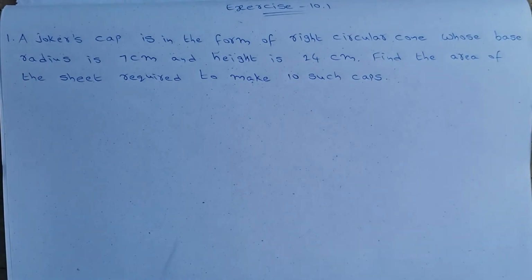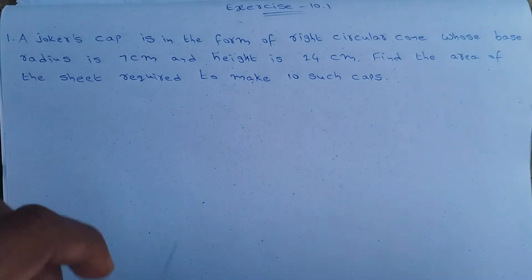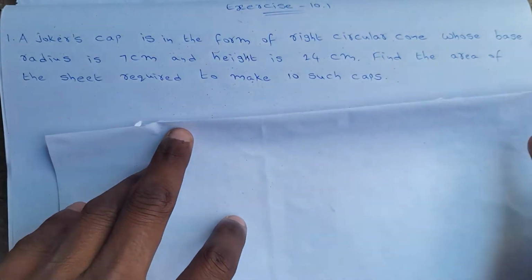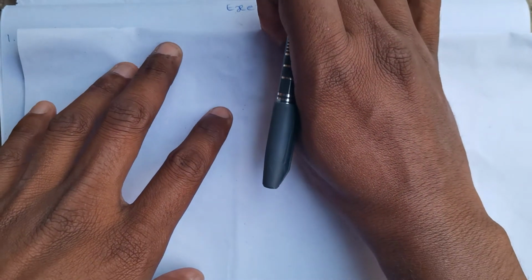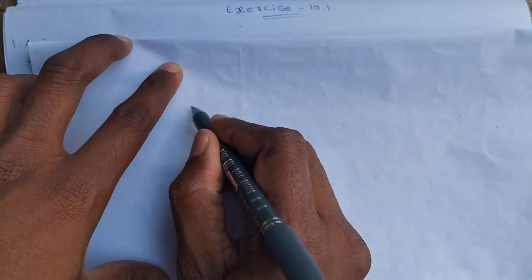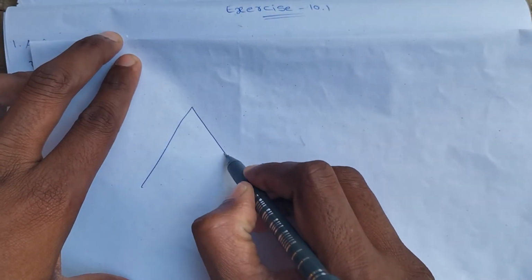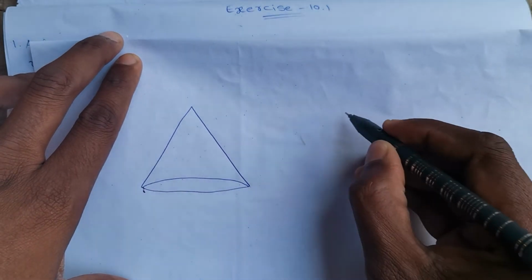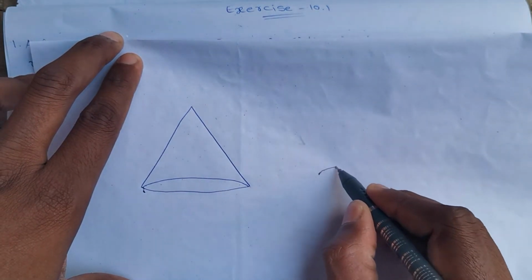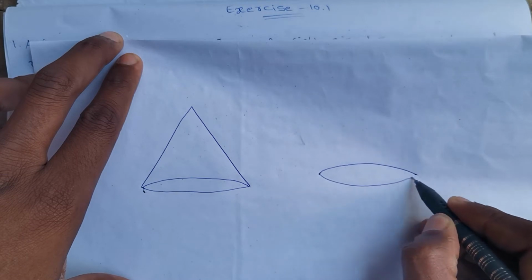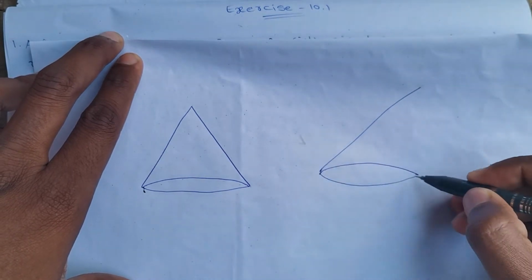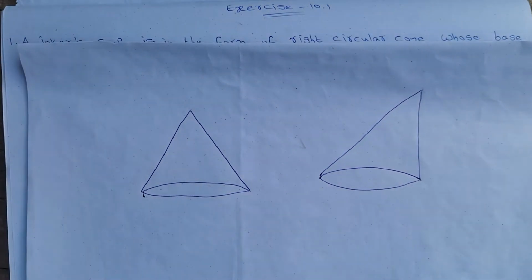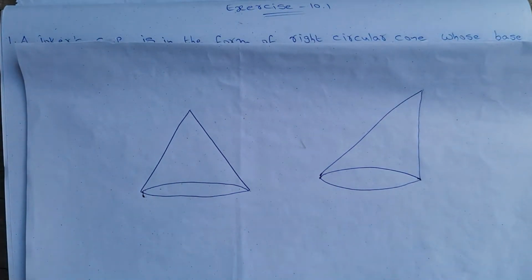Some words we need to be very specific about in this chapter. The first one is right circular cone. Don't get confused with these words. There are normally two kinds of cones.